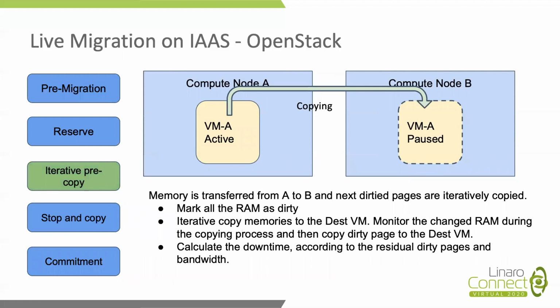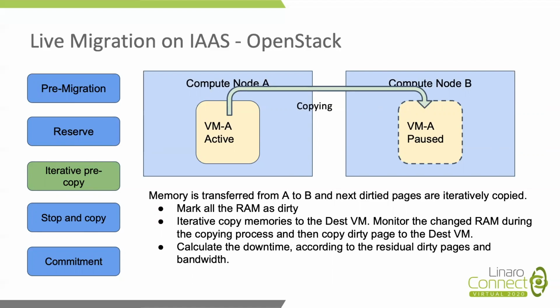Next, we will enter the more complicated area we call the iterative pre-copy method. In this phase, first the hypervisor will mark all the memories on VM A as dirty memories, and then it will iteratively copy its memory from the source node to the destination node.